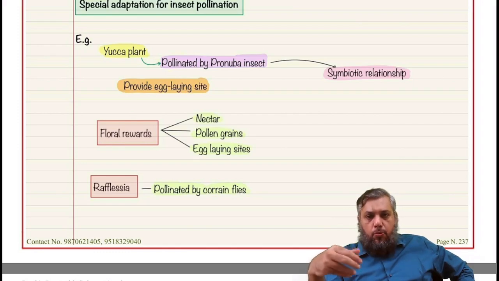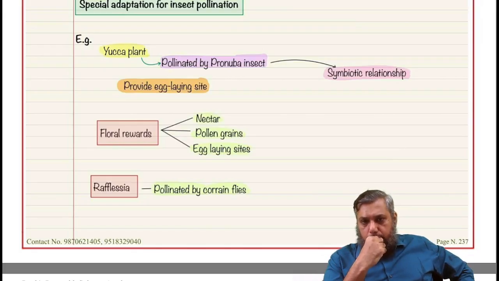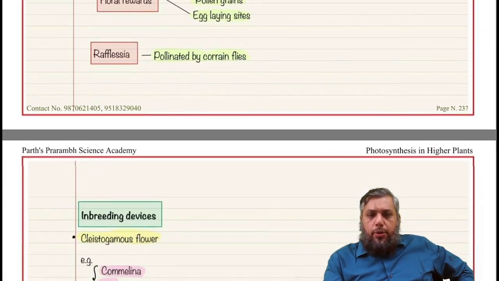Pronuba insect eggs will hatch to form the larva within the ovary of the yucca flower. And in return, the yucca flower will get pollinated. So that is how it works.